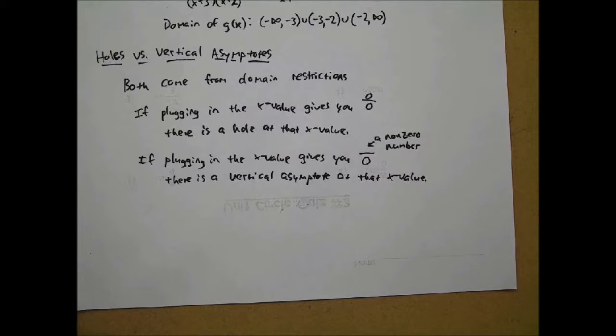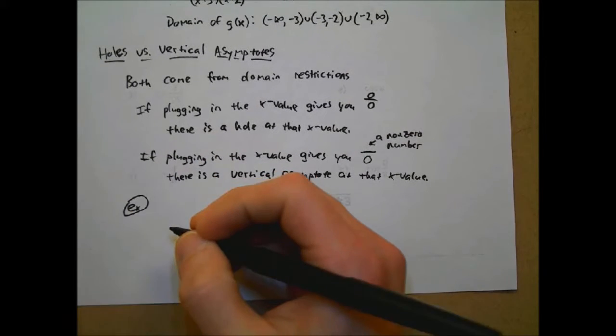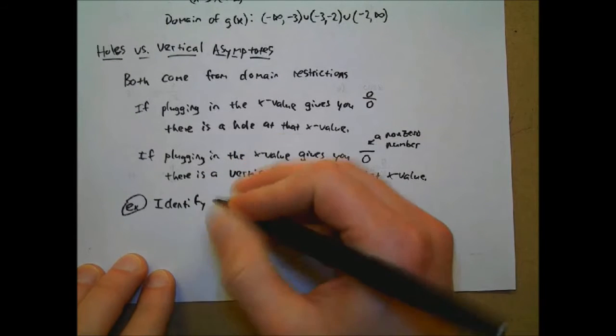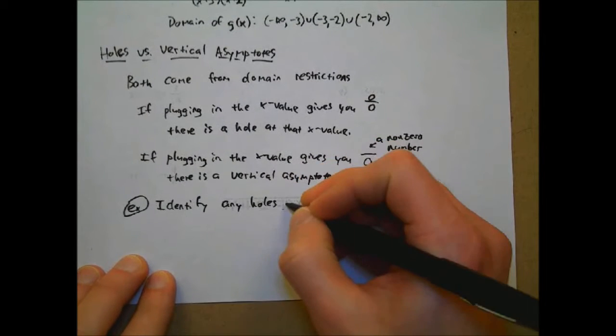So let me give you an example here. We're going to identify any holes or vertical asymptotes.